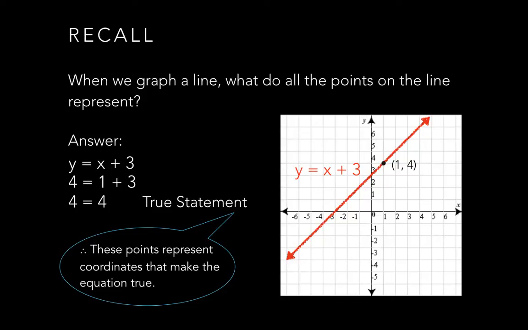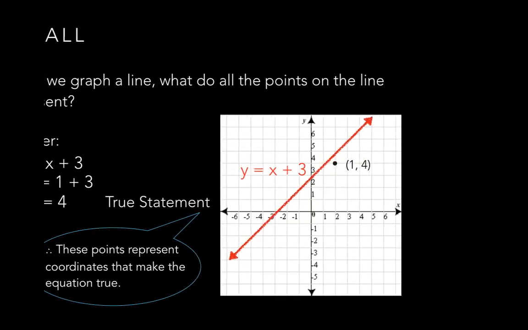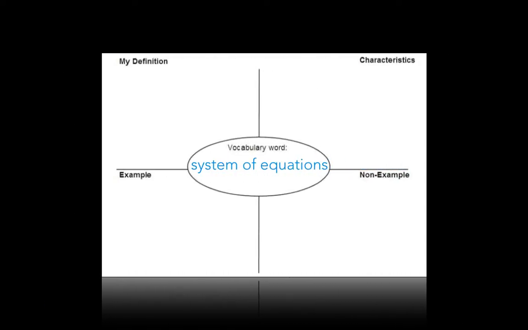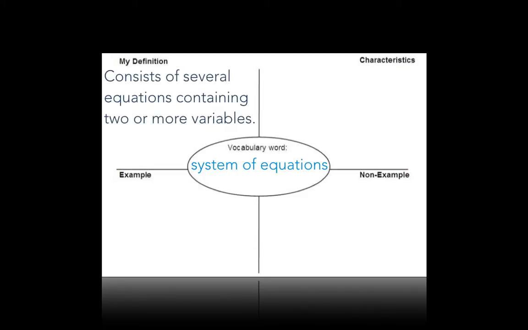Now we're going to go a step further. When you're working with systems of equations, a system has multiple parts. So they're going to consist of several equations containing 2 or potentially more variables, depending on what level of math you're working with.